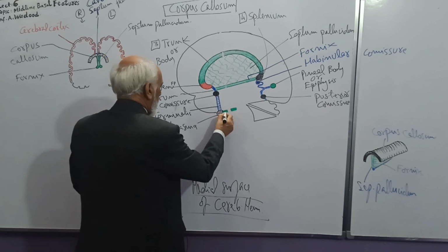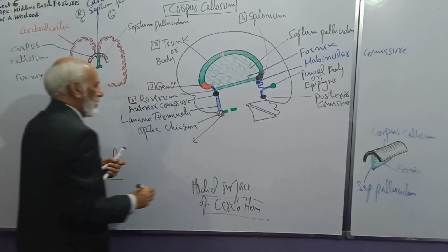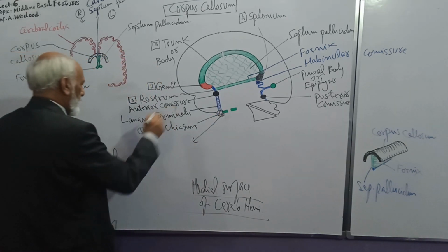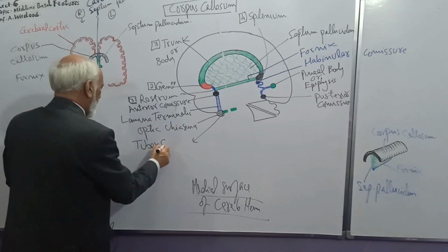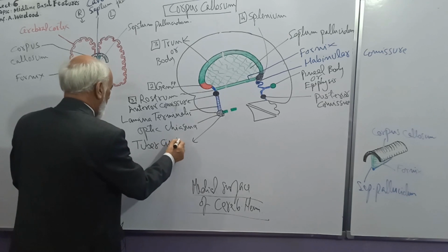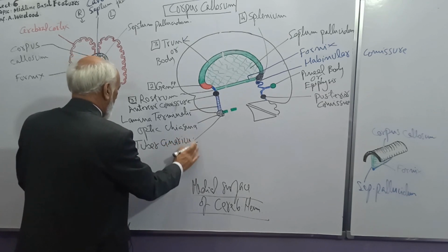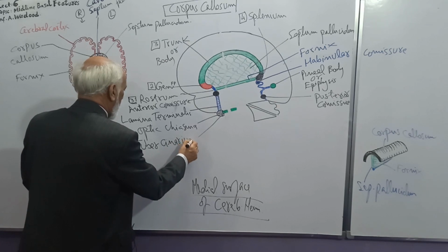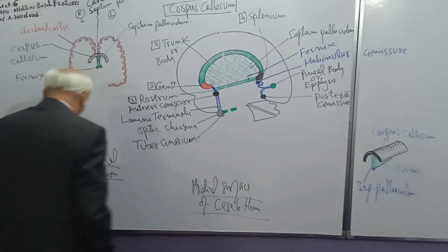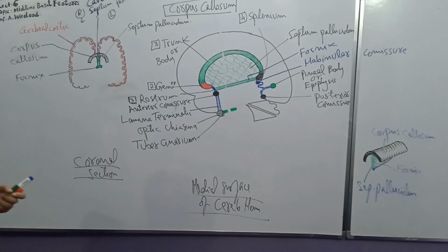This green one, a layer of gray matter known as the tuber cinereum.